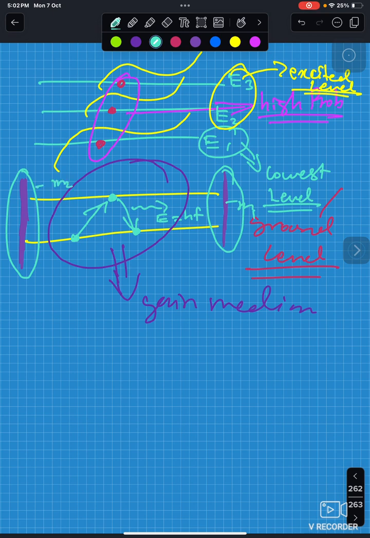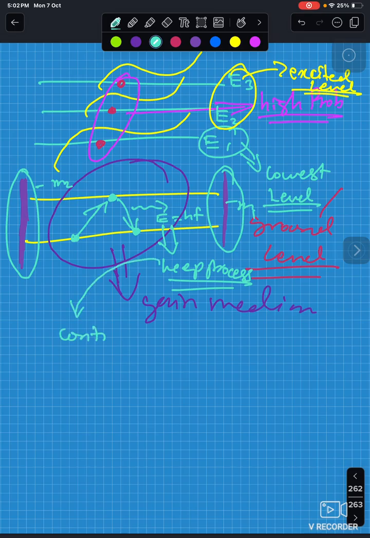The purpose of the mirrors is actually to keep the process continued in that area. I don't know how to spell continued. I'm a shameful guy.